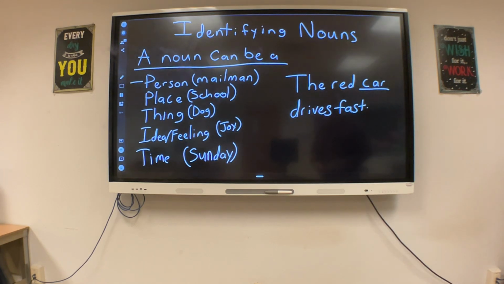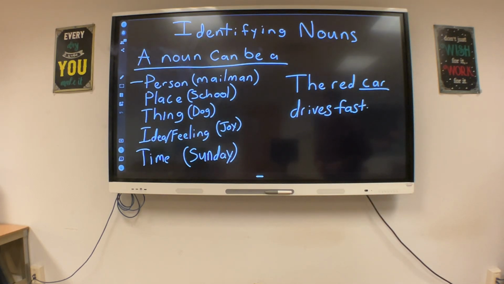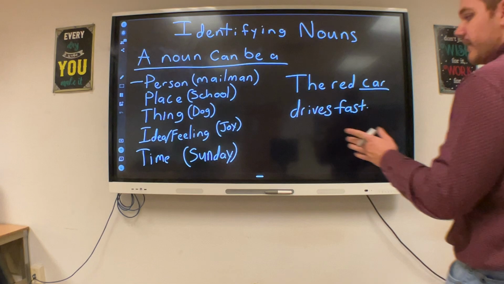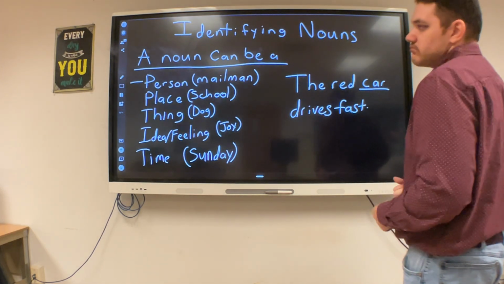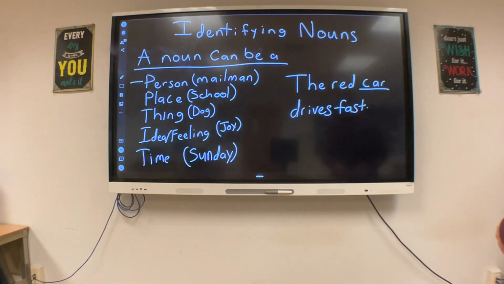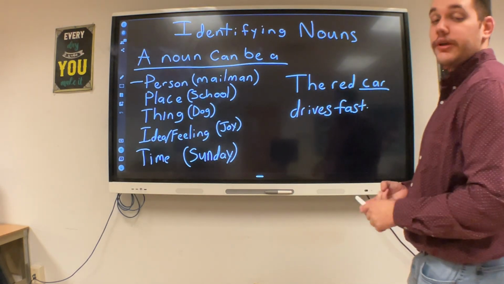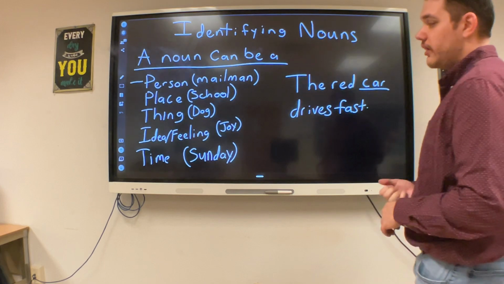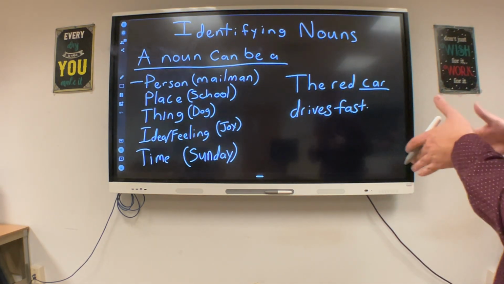For a thing, it could be a pen, or an animal, like a dog. Then you have ideas and feelings, so you could say joy, happiness, any kind of feelings. And then time. Now this is talking about a specific point. It's not going to say 12 o'clock. 12 o'clock is not a noun, but units of time like Sunday or a month or a year would be nouns, because with Sunday, like I said, we're talking about a specific day of the week, and so that would be considered a noun.